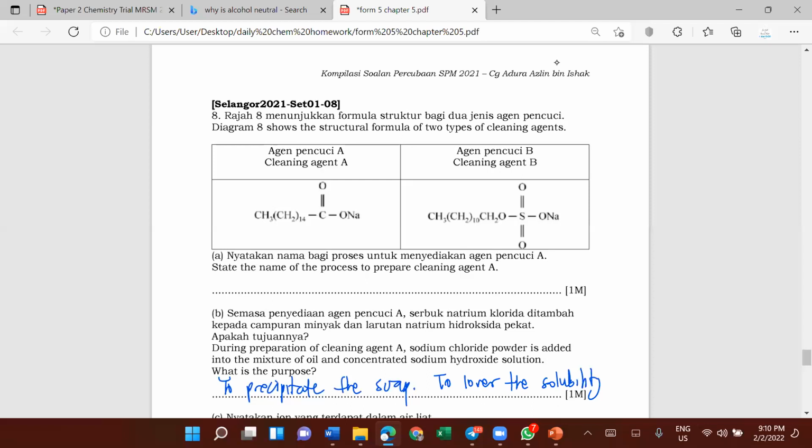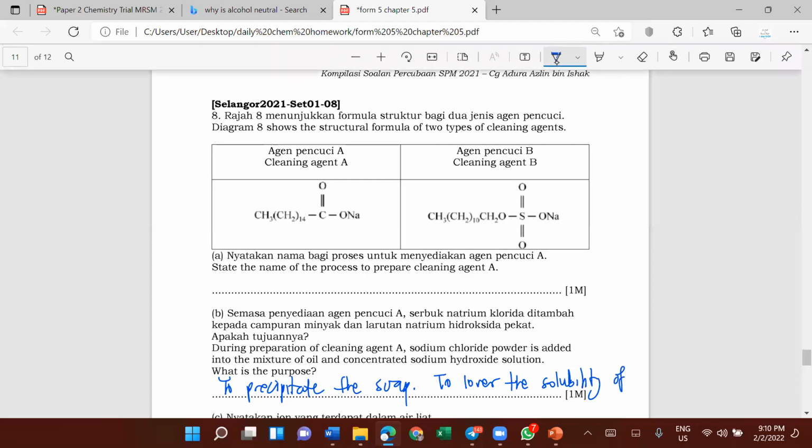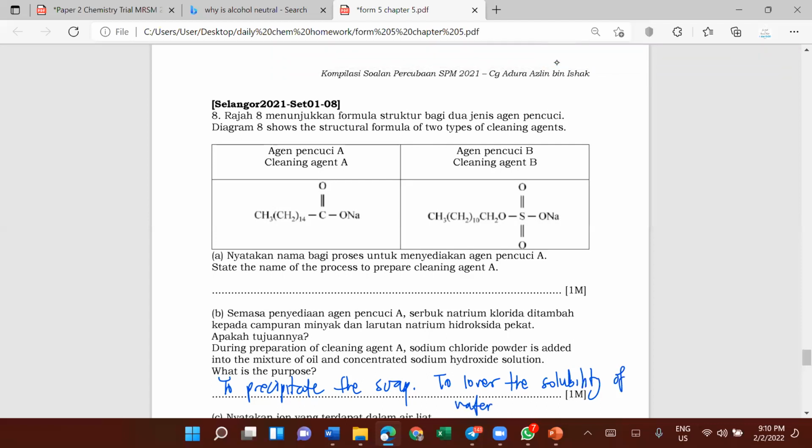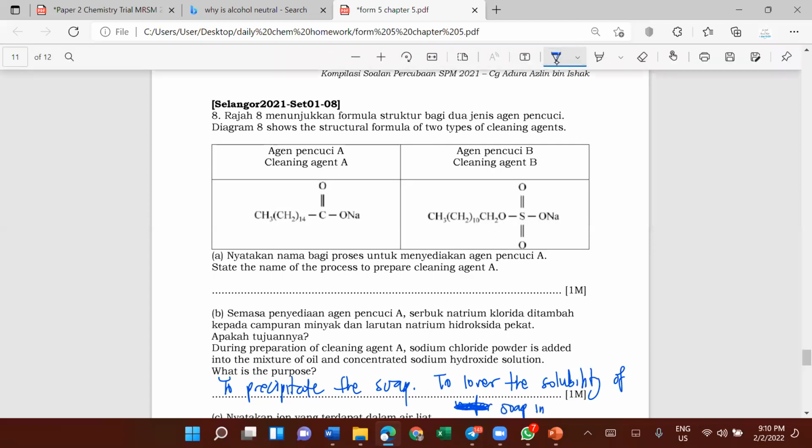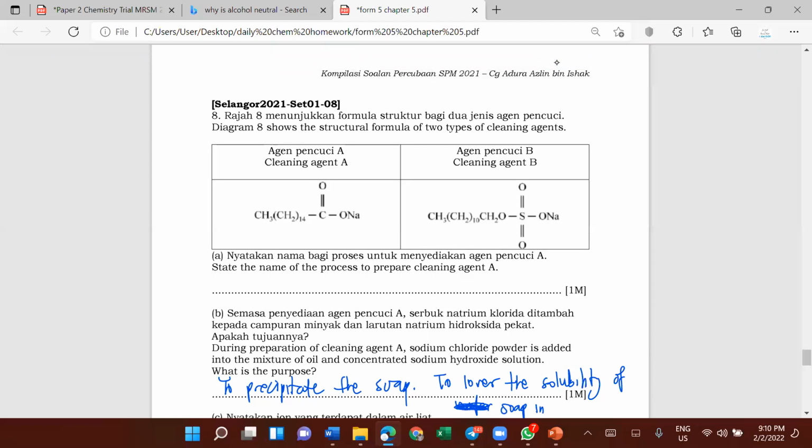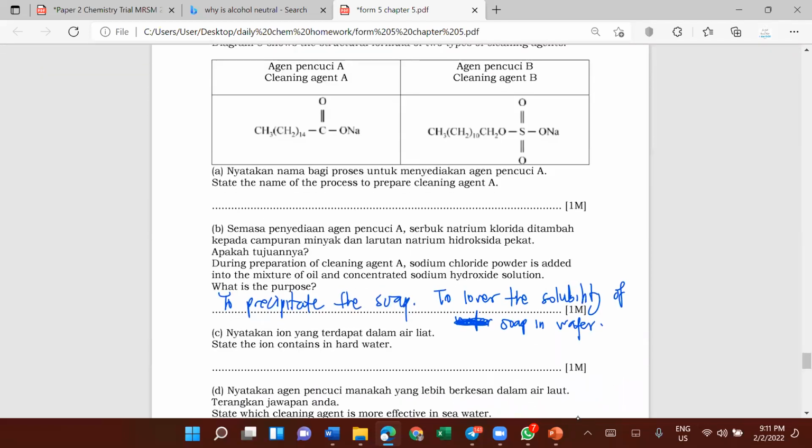Yes. Very good. Of soap. Now, if you just stop here, you still do not get that 1 mark. You're lowering the solubility of, sorry, I gave the answer. Of soap, where? In water. Yes, in water, correct. All right, perfect answer here.